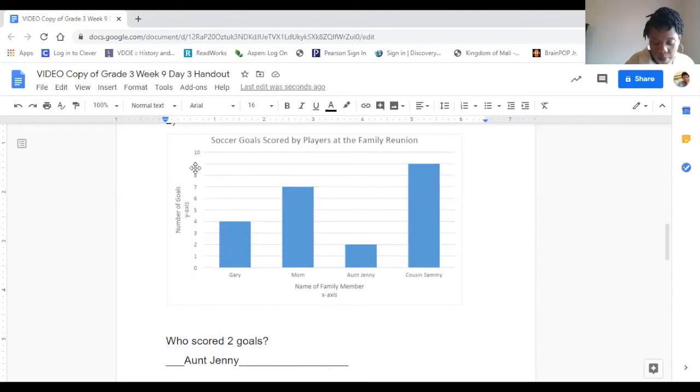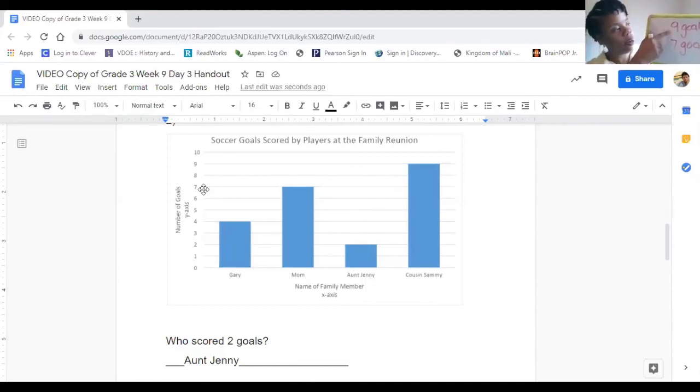And Mom scored, if we go up, Mom scored 7 goals. So we compared the two: Sammy scored 9, Mom scored 7.